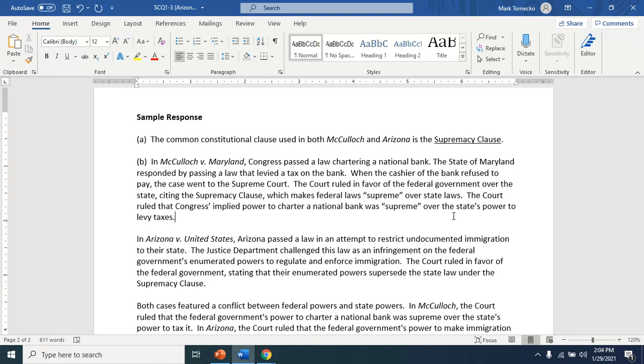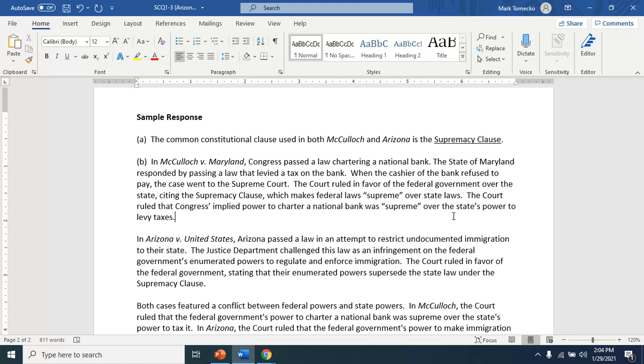Principles may not be stated in the Constitution, but we know the Constitution gives us them, things like federalism or judicial review. So it's the clause that we're interested in here. But the common constitutional clause in both of these cases is the supremacy clause. Now remember, McCulloch also featured necessary and proper, but Arizona did not. So there's only one common clause, and we have to make sure we're identifying the right one.